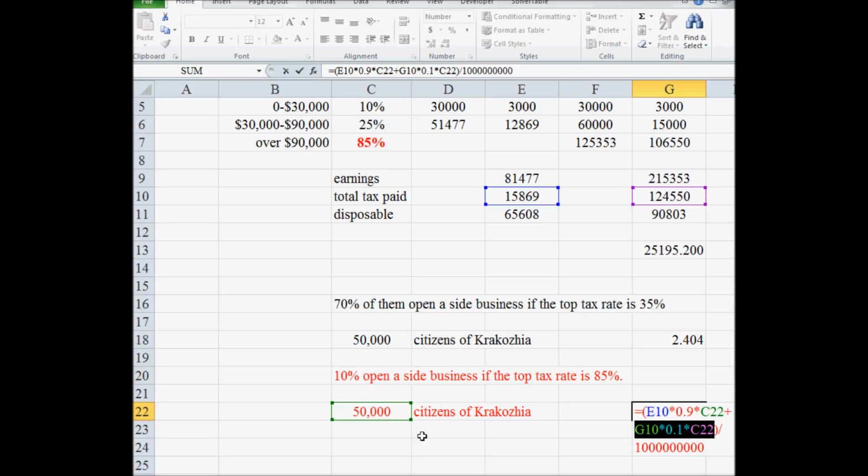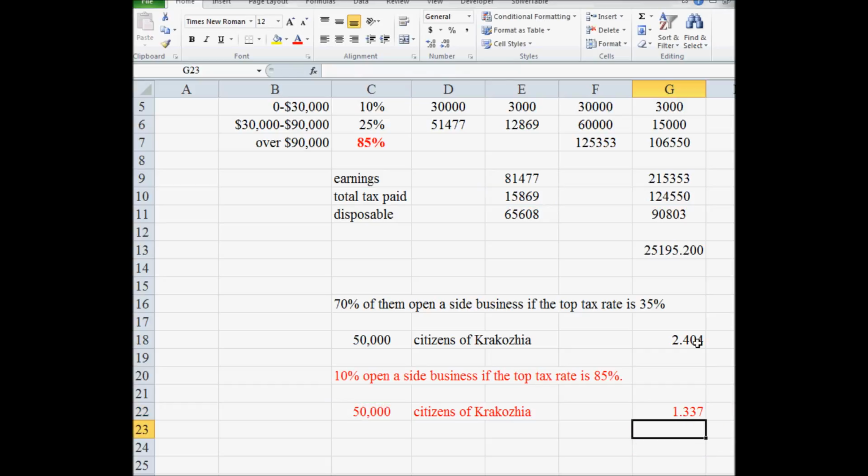Only 10% of the 50,000 citizens open up these side businesses, which is why I multiply G10 by 0.1 and C22 by 50,000. Then I divide the sum by 1 billion. So tax revenues fall quite a bit when tax rates for the rich are raised.